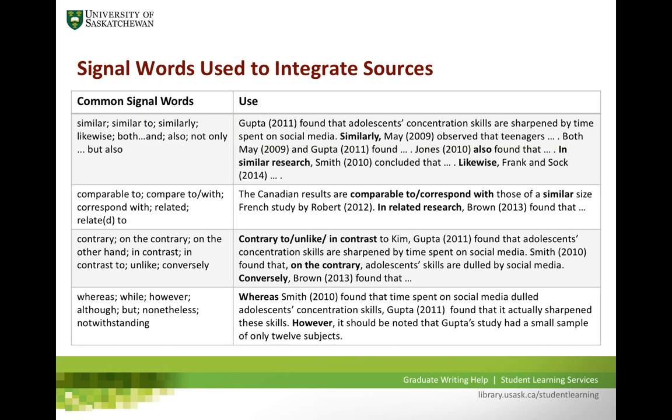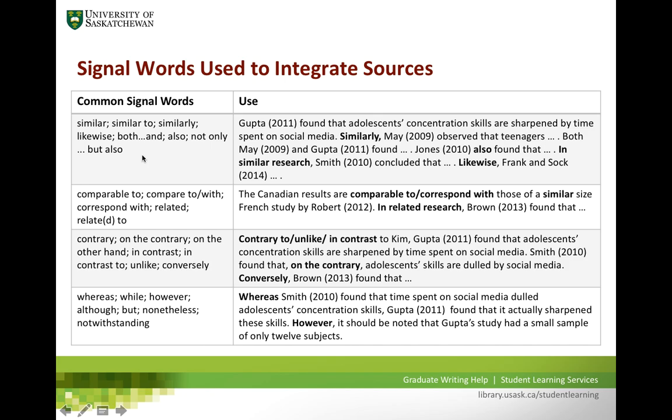On this slide, we have some common signal words in the left-hand column. In the right, their use with some examples. So let's start at the top here. Similar, similar to, similarly, likewise, both and, also, not only, but also. Very common expressions.